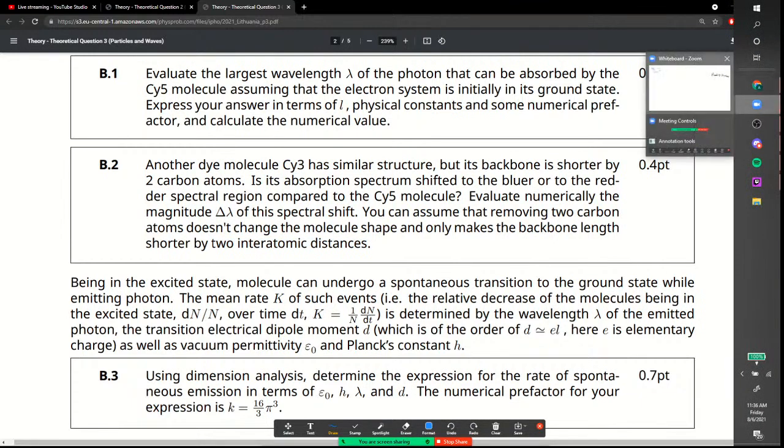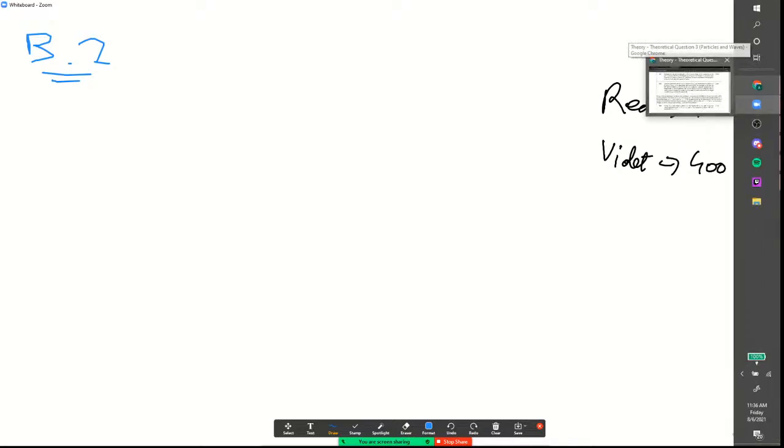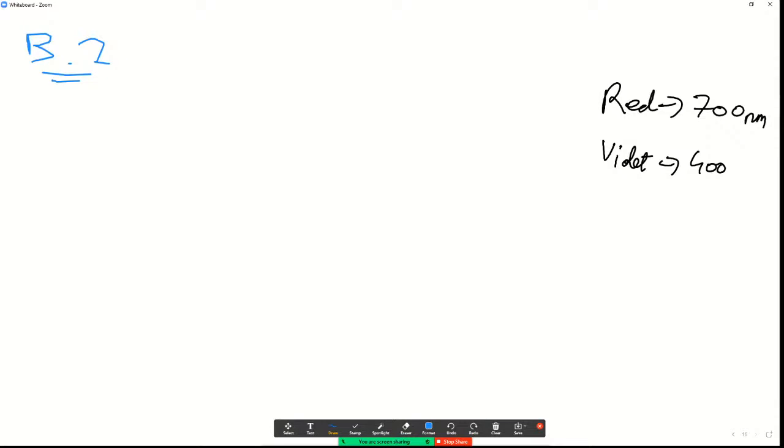Yes. Violet is 400 nanometer. So we have to calculate from n equals 4 to n equals 5. Yeah. And the distance would be 8.5, 400. So you can calculate that.